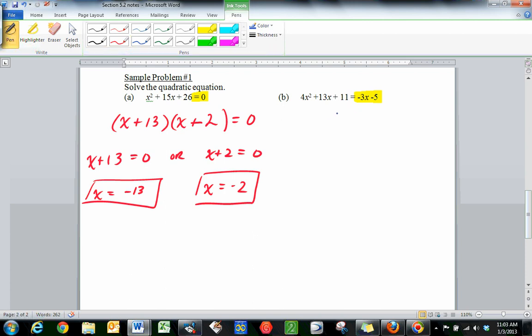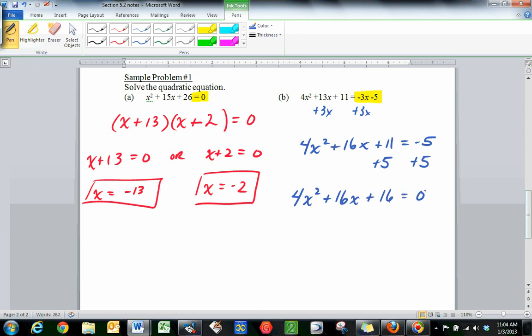So I'm going to add 3x to both sides, which is going to give me 4x squared plus 16x plus 11 equals negative 5. Again, I'm not all the way to 0 on the right side, so I need to add 5 to both sides as well, which is going to give me 4x squared plus 16x plus 16 equals 0.